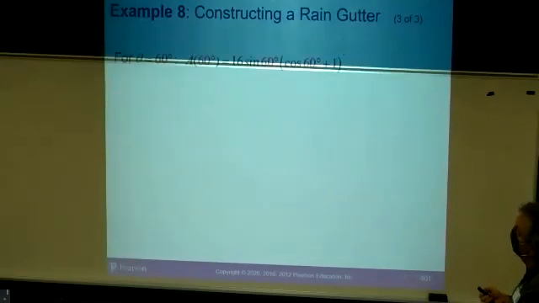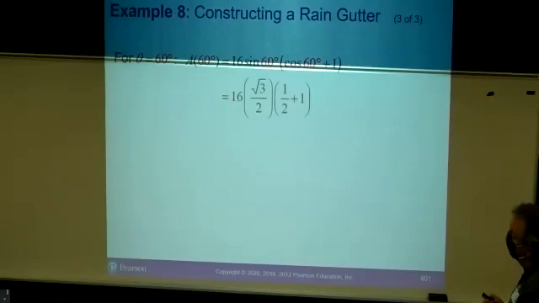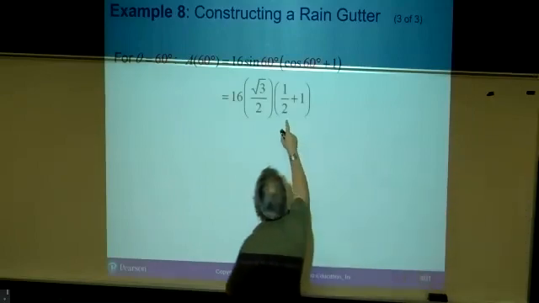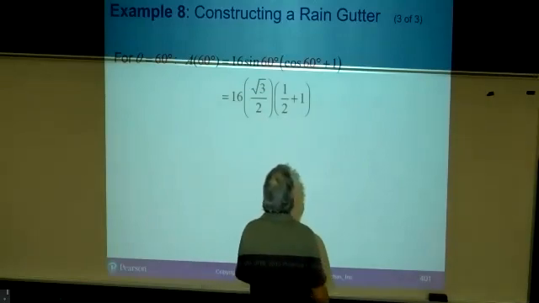And then we look at the 60 degree. Sine of 60 is square root of 3 over 2, and cosine is 1/2. And so this is going to be 3/2, and that's going to be 12 square roots of 3.